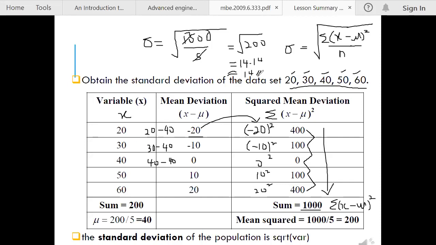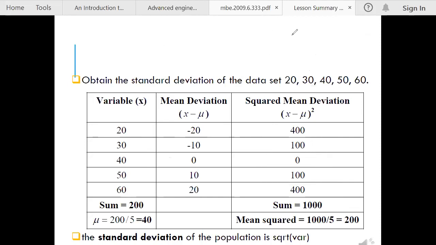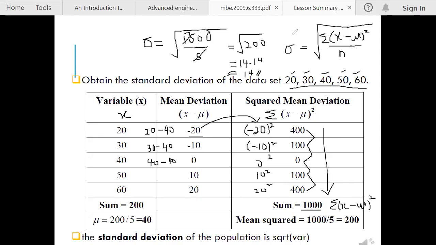And like I said, the variance is just the square of the standard deviation. So if we want variance, it means square this one, just square it.